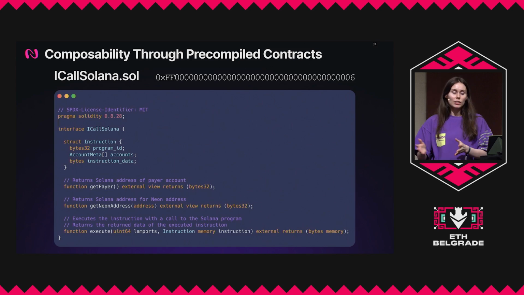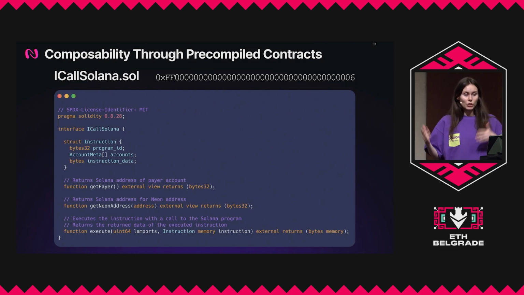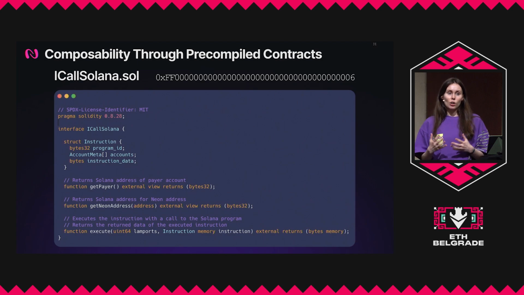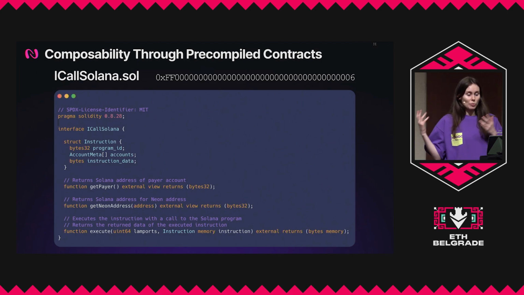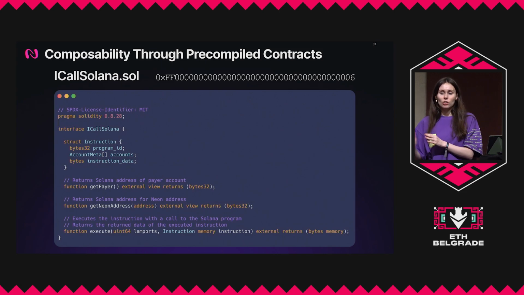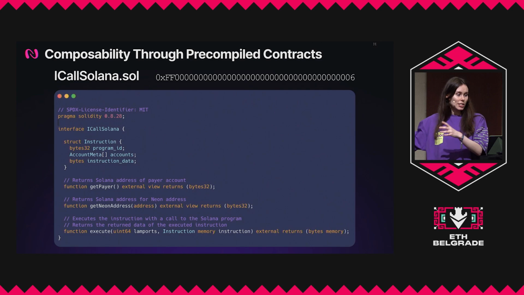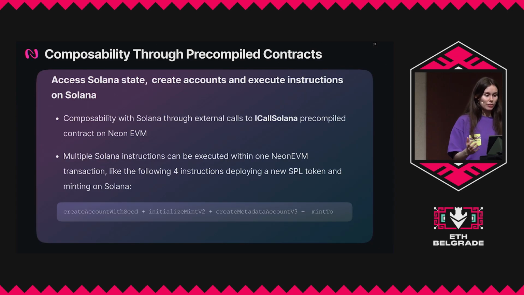So if you are going to build with the composability feature, you are going to execute your transactions through this precompiled contract, which first of all prepares a list of addresses with a payer account and Solana addresses for a Neon address, and is going to mainly execute the instruction with a call to Solana and return the data on this instruction. But I'm going to show you an example a bit later. This is just the interface for the main precompile that we are going to use.